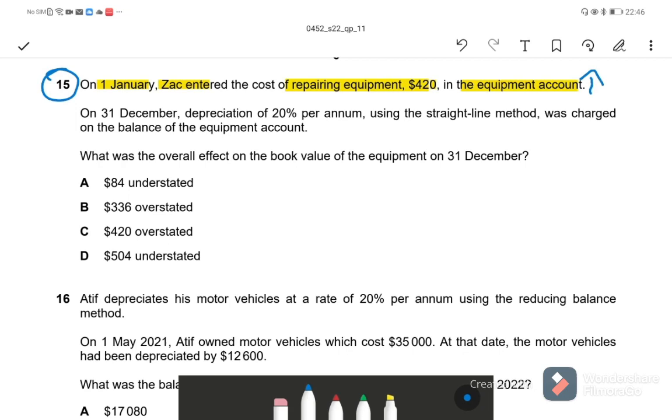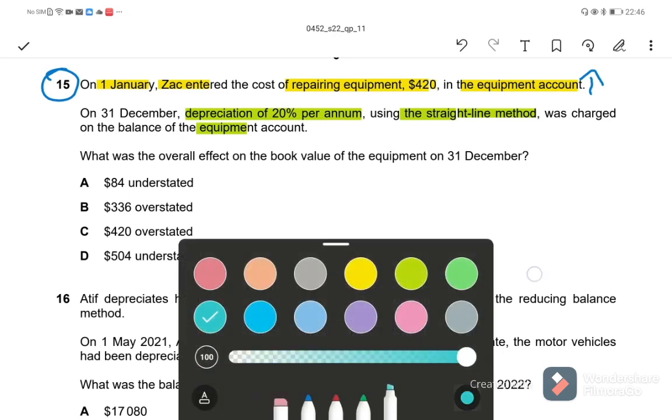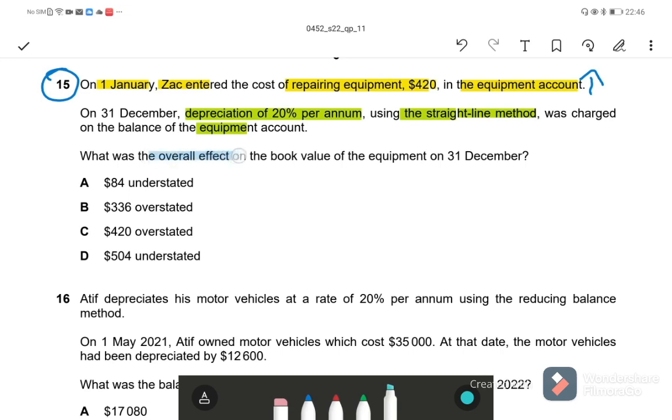Now, on 31st December, depreciation of 20% per annum using straight line method was charged of the balance of equipment. What is the question? What was the overall effect on the book value of equipment on 31st December?